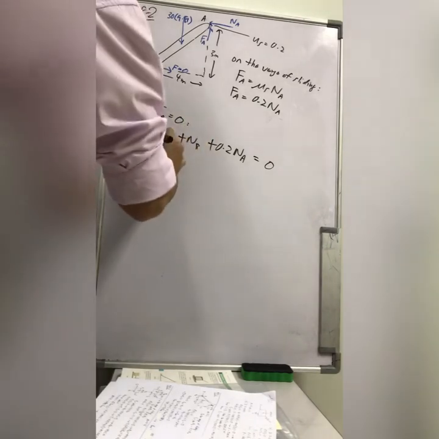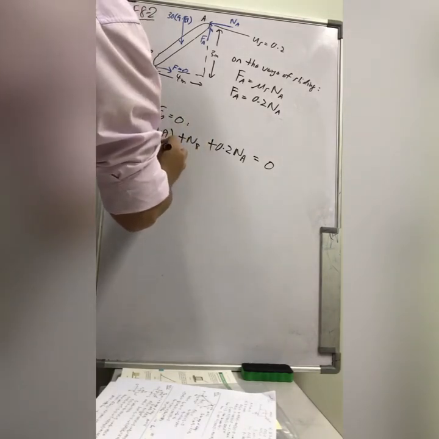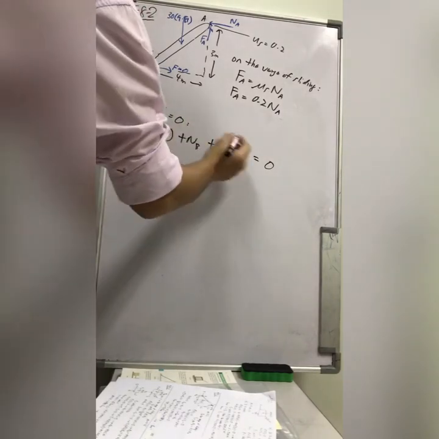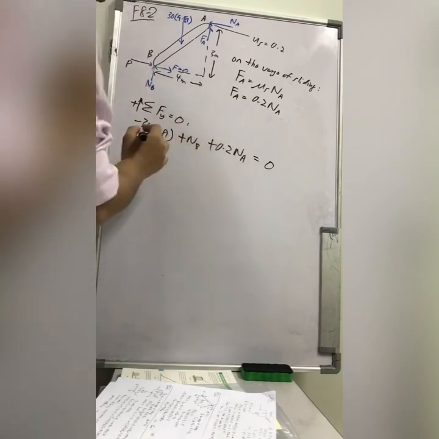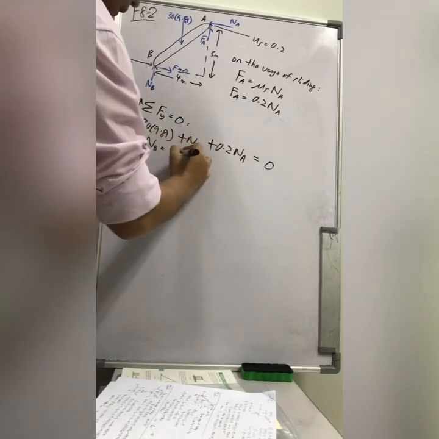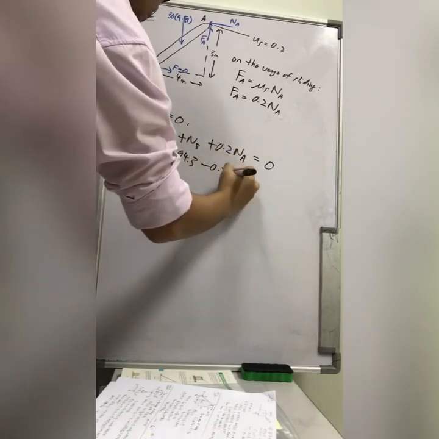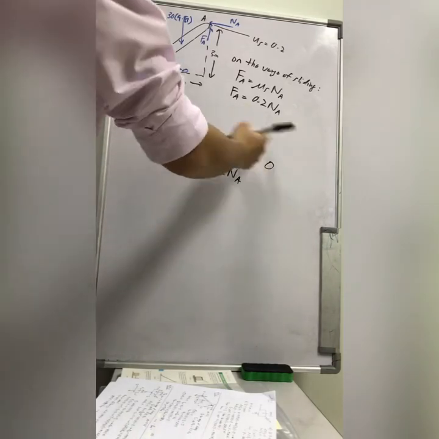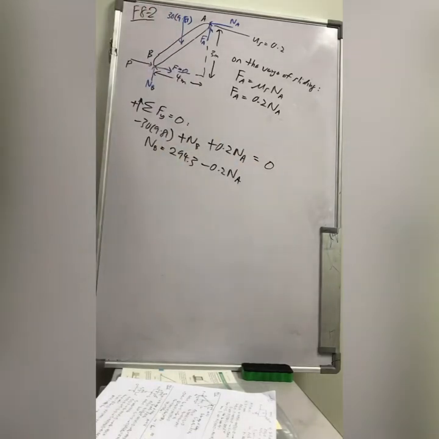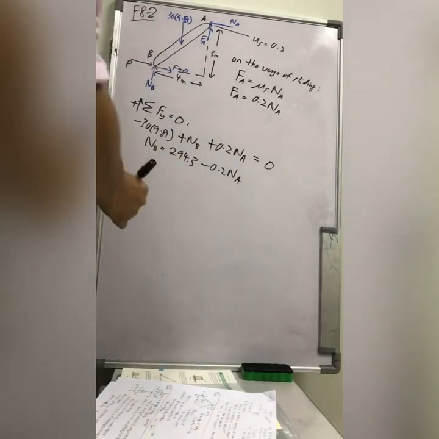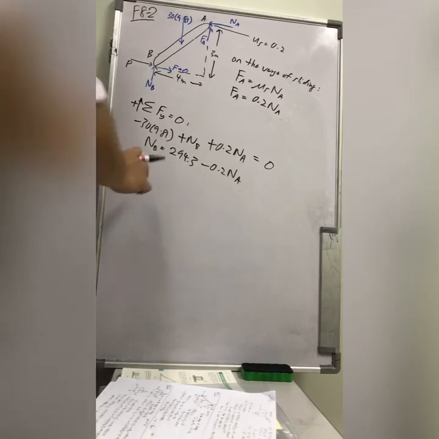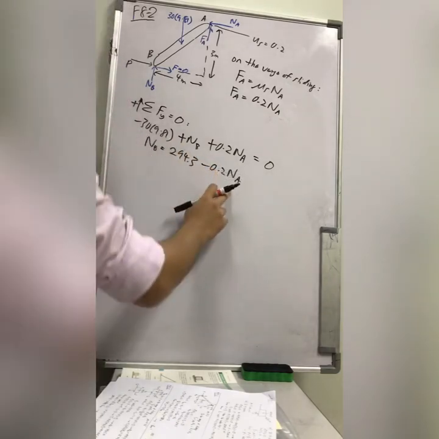So here you can express NB in terms of NA to be 30 times 9.81, which is 294.3, minus 0.2 NA. We bring these to the right hand side of the equation. Now you have expressed NB in terms of NA.